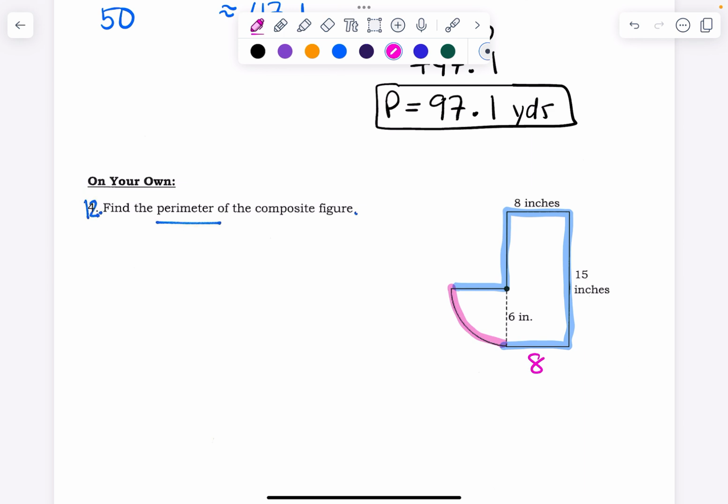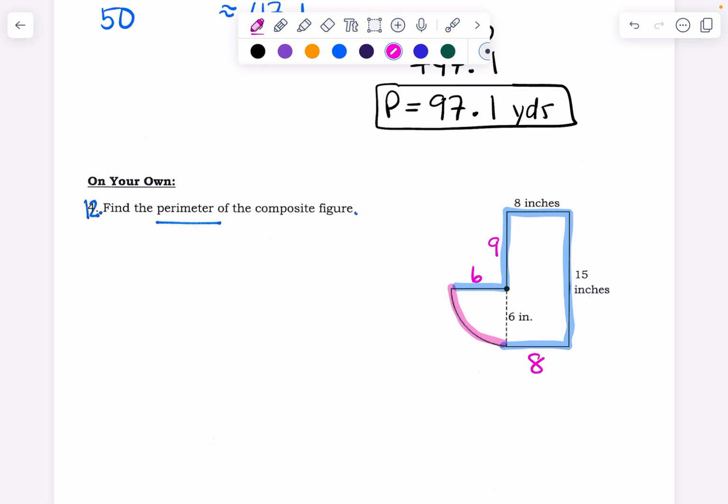If this side is 15 and this is 6, I know what this is. Please tell me that you subtract 15 minus 6. 15 minus 6 would be 9. So this piece right here is 9. And ladies and gentlemen, you know the radius is 6, which means this is the radius as well, so that would be 6 as well.